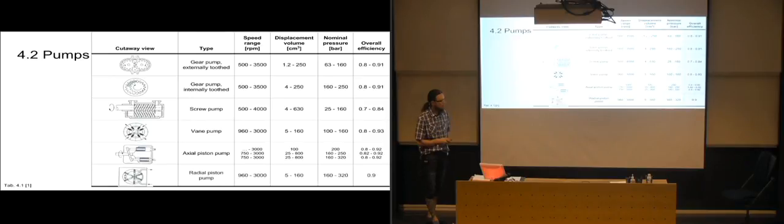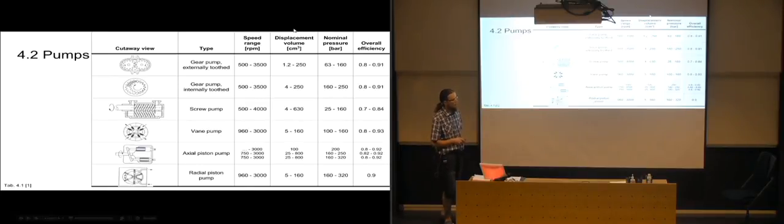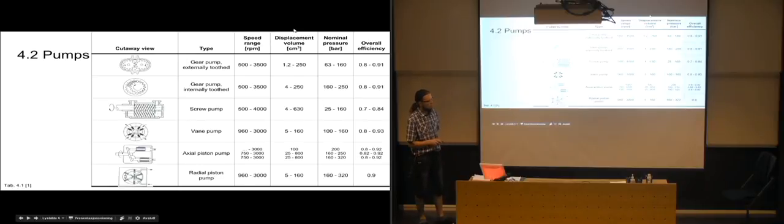And then we have the radial piston pump with the same rotational speed range as the vane pump, and basically the same displacement volume, but it handles higher pressure. And it's usually around 90% efficient.